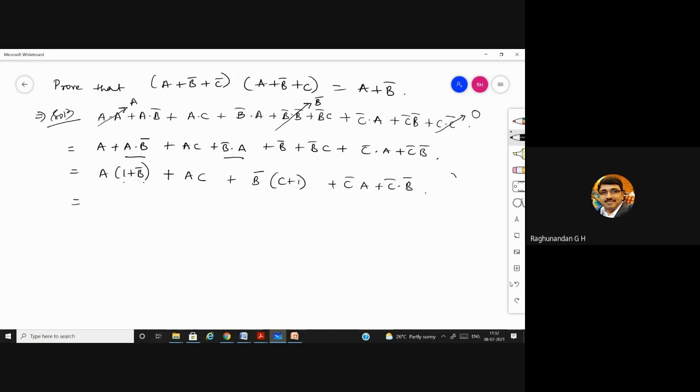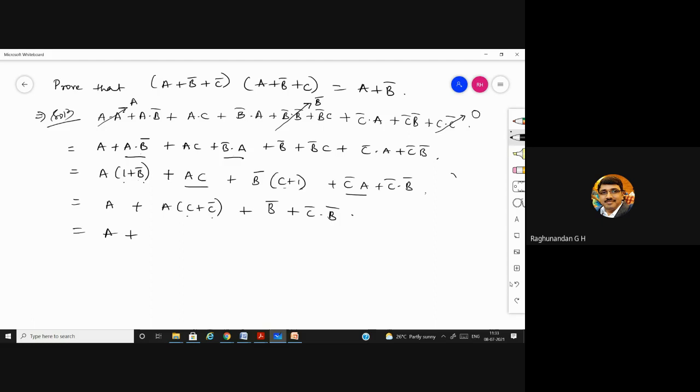Here I don't think we can do anything in this case. So we can group A into C and C bar A. So A plus A into C plus C bar, plus C plus 1 is 1, so B bar plus C bar into B bar. That is equal to A plus C plus C bar.